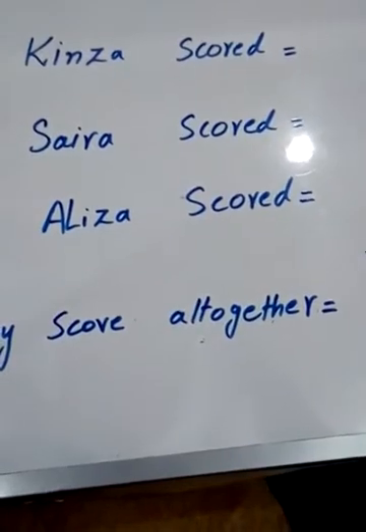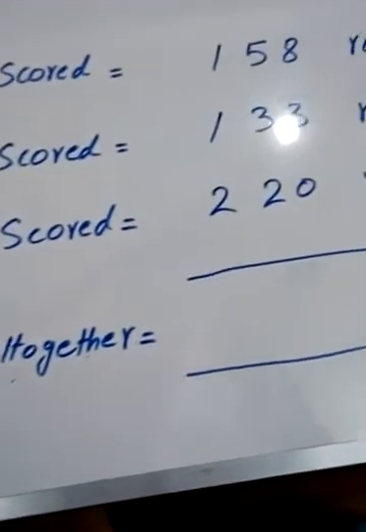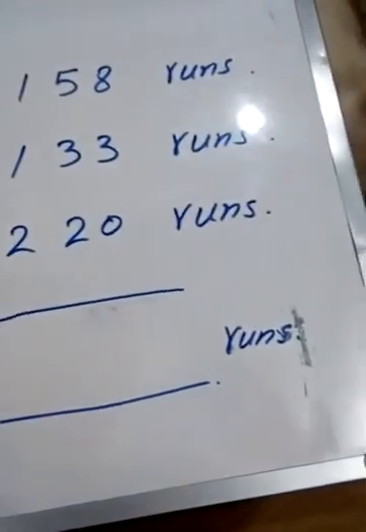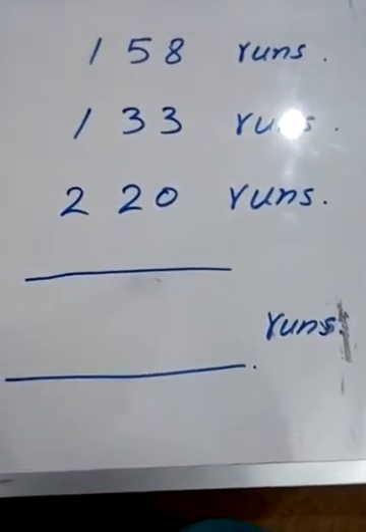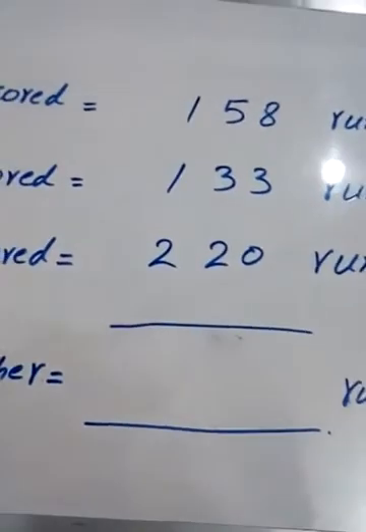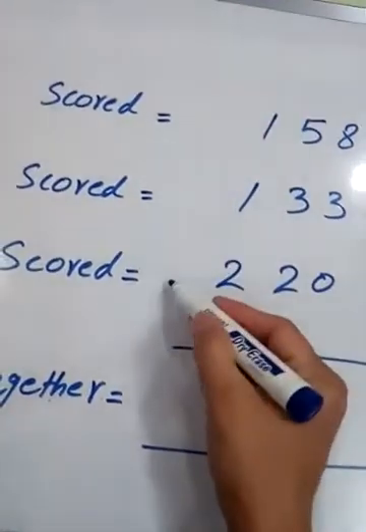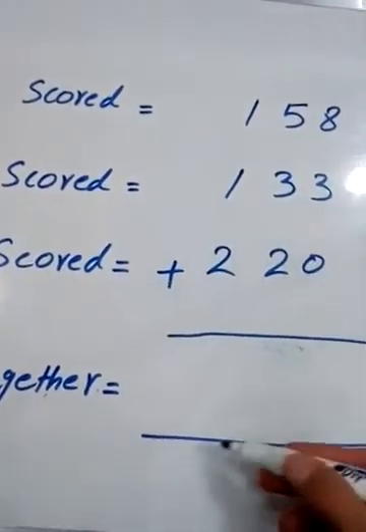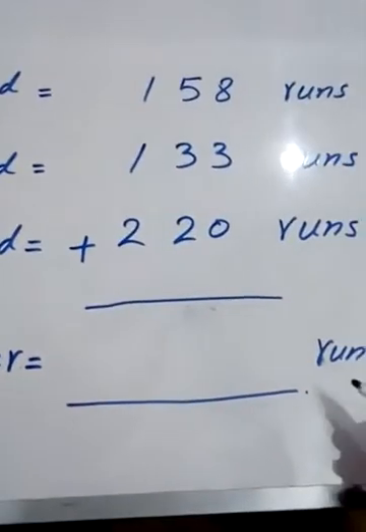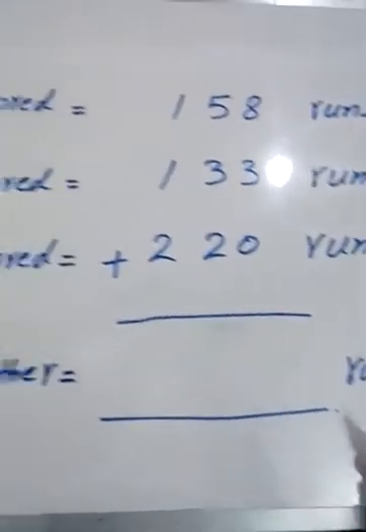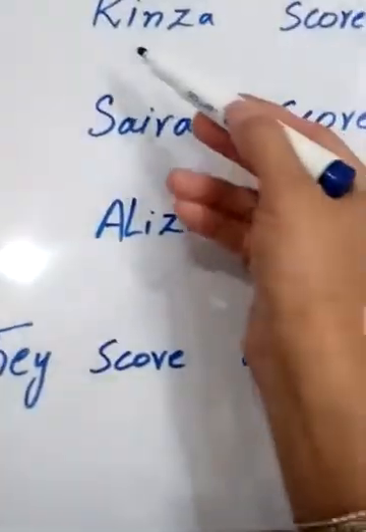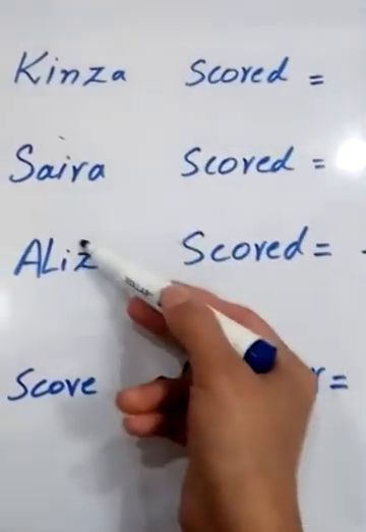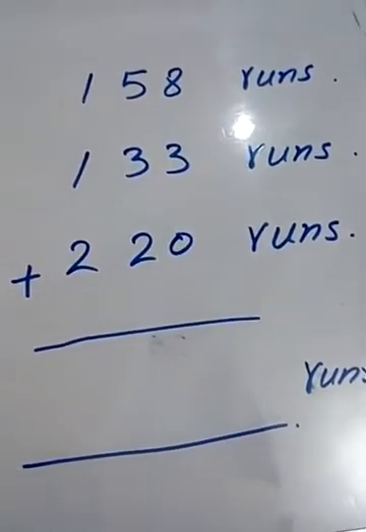Write the data on the left side, make a sum on the right side, then add those figures and write the answer here. It's easy for you to find the answer of that question. Same like that pattern. First you have to write Kinza scored, then Saira and then Aliza, and then add those 3 values.